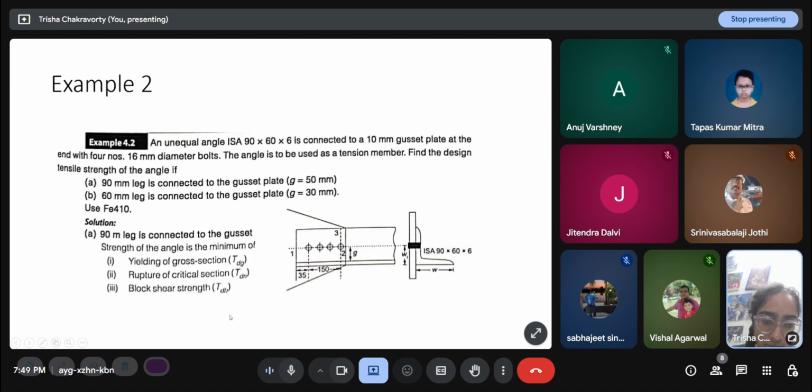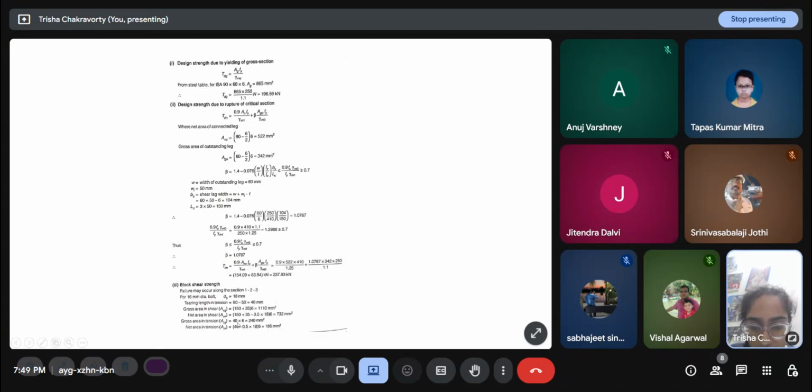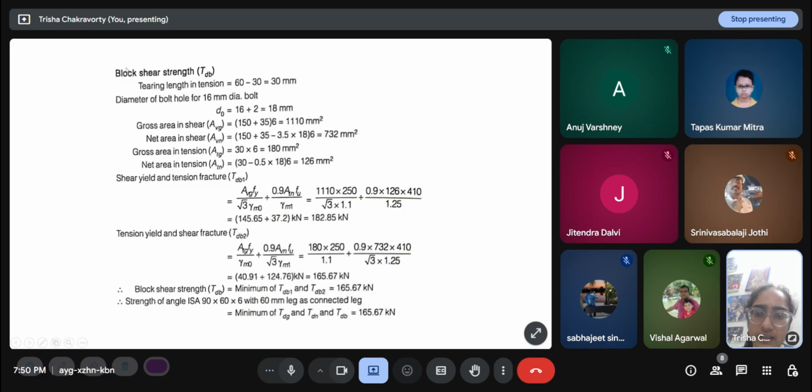Gross area in tension will be 40 into 6, and the net area will be 40 minus 0.5 into 18 into 6. These are the values we put in the exact same formula as before, and we get the minimum of these two as 165.